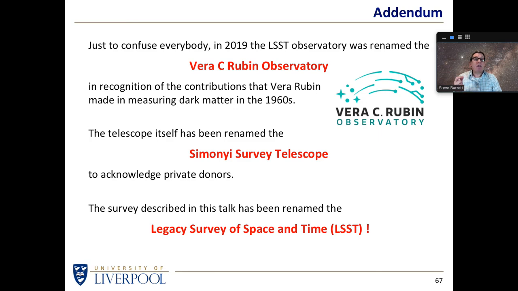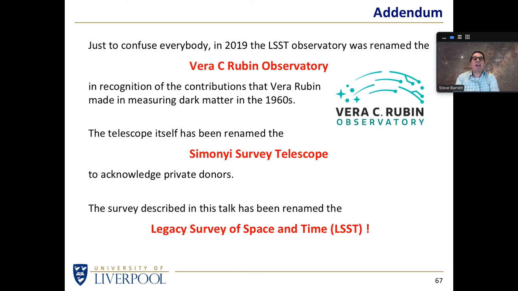But they wanted to keep LSST, and so they've decided that the survey that it's going to be doing is now called the Legacy Survey of Space and Time. So although LSST used to be the acronym for the telescope, LSST is now the acronym for the survey that the telescope is going to carry out.